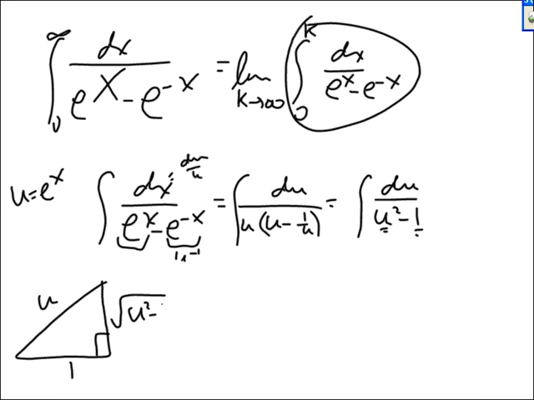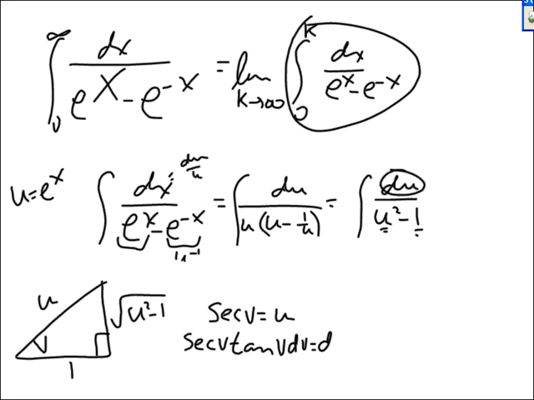And the square root goes here. Well, and here's v. The secant of v is u over 1. Taking differentials because we want to get du: secant v tangent v dv is du.